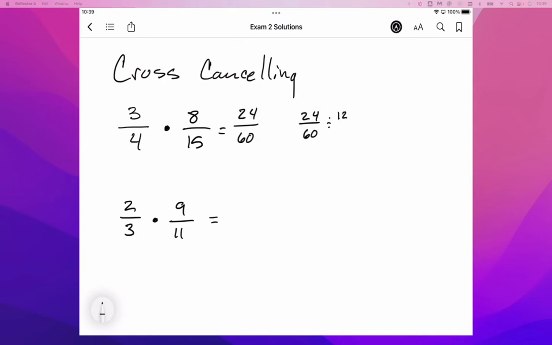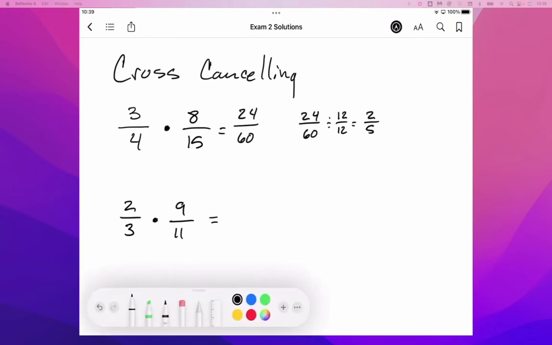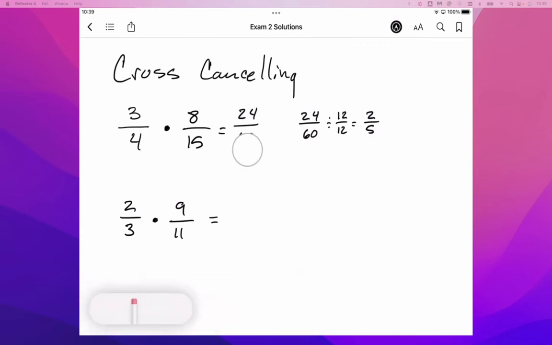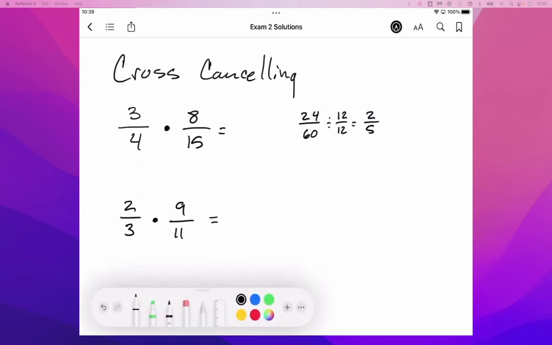They both have factors of 12, so we could divide by 12 in the numerator and denominator. And we would get 2/5. So because we have this thing called cross-canceling, there's a way that we can get straight to 2/5 without having to simplify.